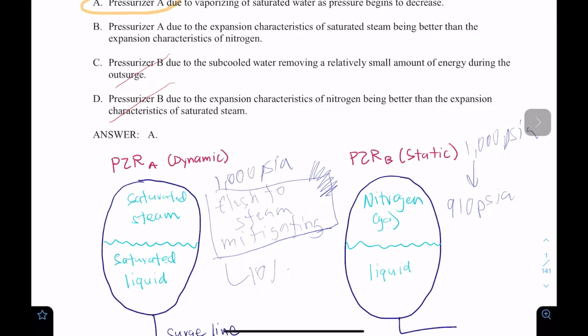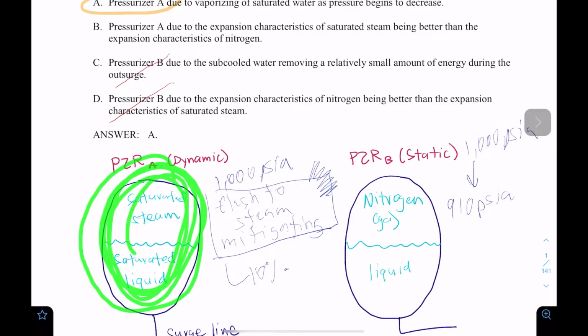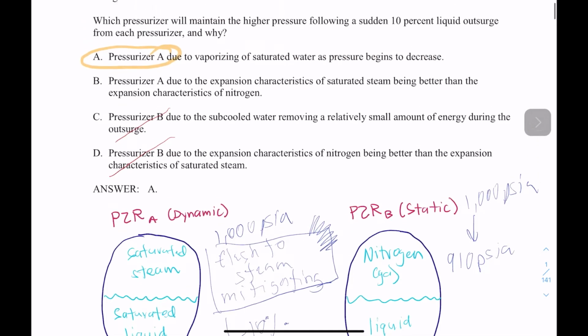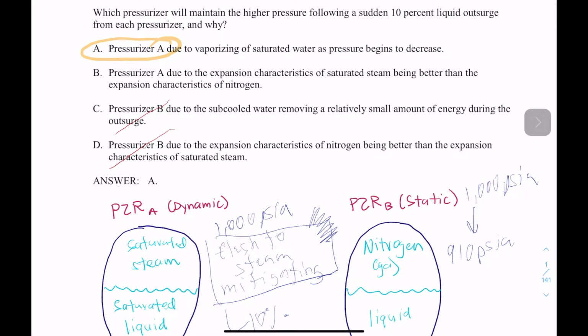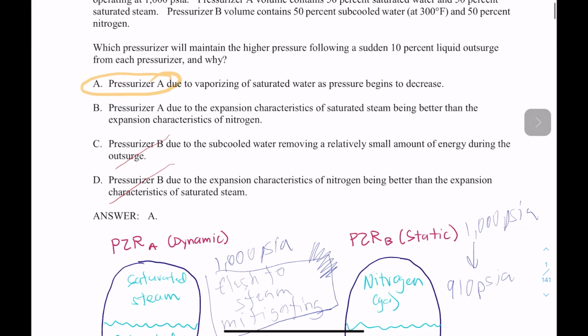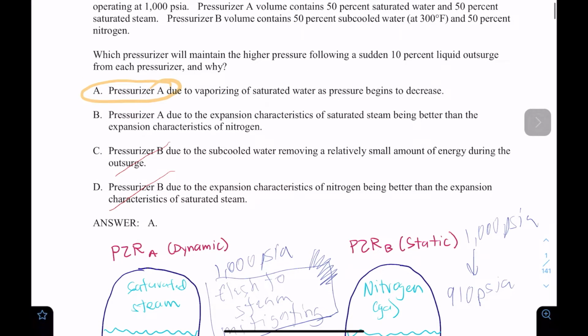It's going to be lower than 10%. So this is going to give me the highest pressure, or this is the one that will maintain the highest pressure during the outsurge.